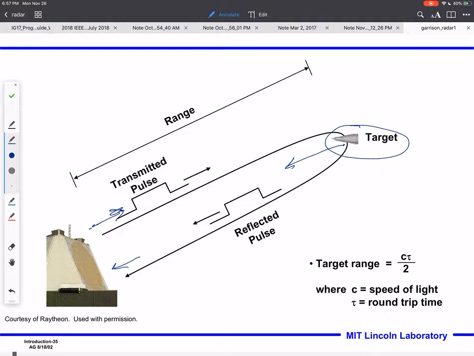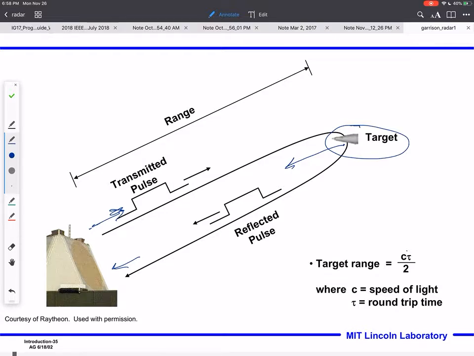And again, ignoring some of the changes in the medium in which a signal propagates through, we can measure this range as being 1/2 of the total path traveled by the electromagnetic wave.